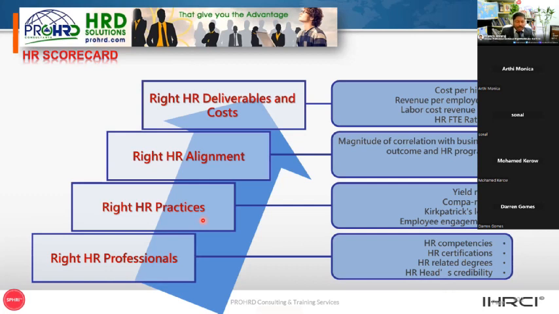Have we designed and implemented world-class HR management policies and practices throughout the business? Then right HR professionals: do our HR professionals have the skills and competencies needed to design and implement a world-class HR management system? This we need to answer.